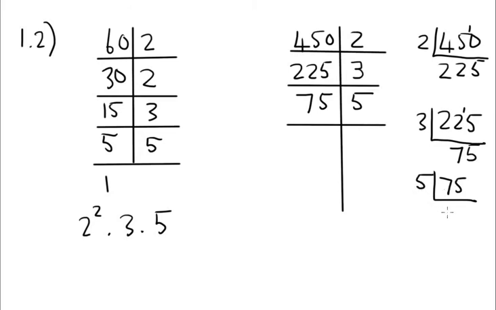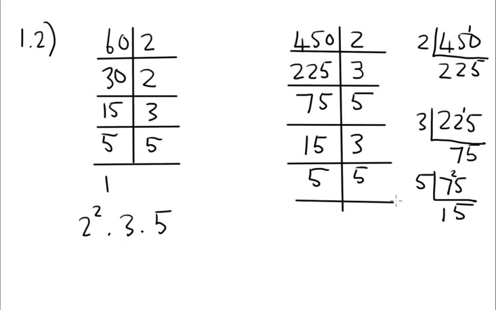So 7 divided by 5 is 1, and I'm left with 2 there. 25 divided by 5 is equal to 5. So 75 divided by 5 is equal to 15. And we know 15, once again, instead of 5, we should have used 3. But okay, let's say that we continue on this track. We could divide by 3 there, and we're left with 5. And we divide by 5 and we're left with 1.